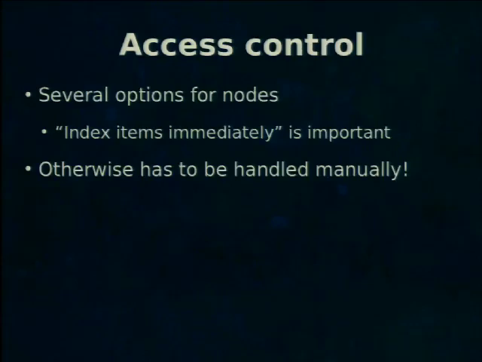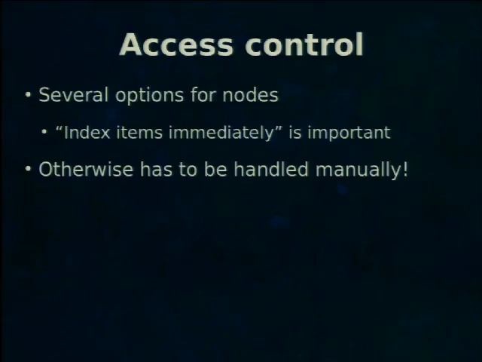So if you don't have any more complex access controls set up, and you don't want to show unpublished nodes in any cases, except for example for administrators, then you can just use that. And in both cases, it is important to enable the index items immediately setting from before, because otherwise you'll run into exactly the problems I mentioned.